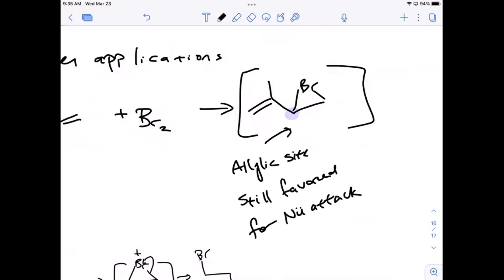Right. So everything that happened in the initial reaction that we were looking at, as far as where the other bromine is going to attack, that's going to follow the same pathway.